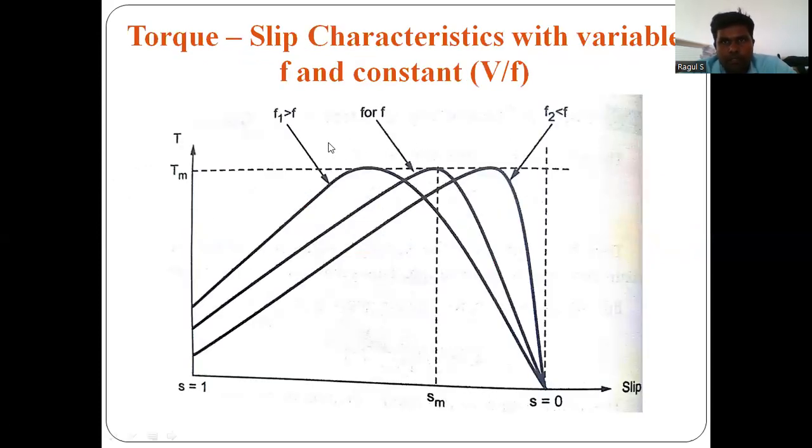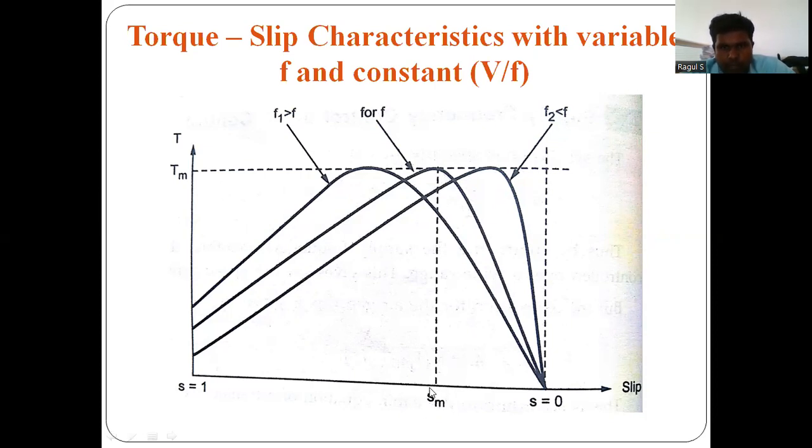This is the plot of torque versus slip. Whenever the slip is zero, the torque is also zero. As the slip value increases, the torque value also increases. So in this stage, the slip is directly proportional to torque. When the torque reaches its maximum value, the slip at that point is the maximum-torque slip.